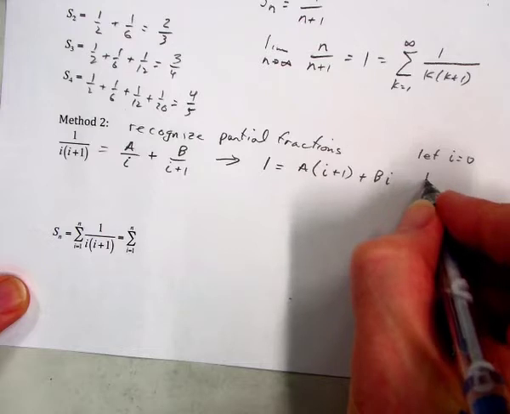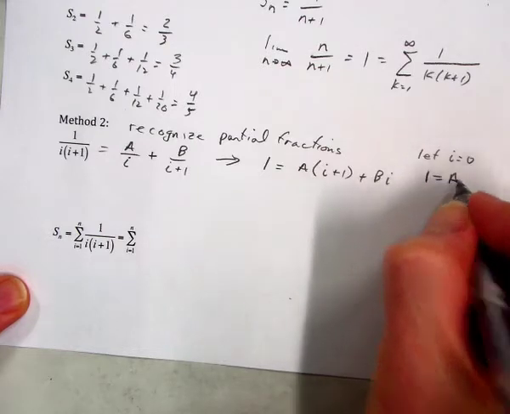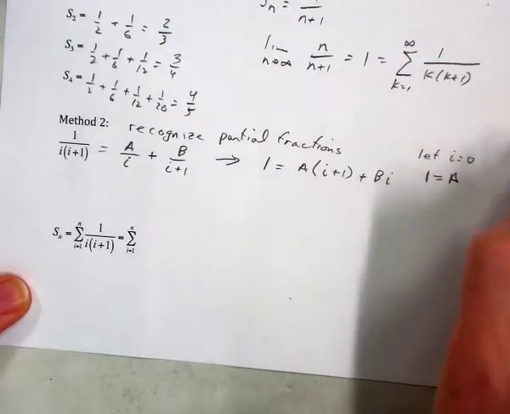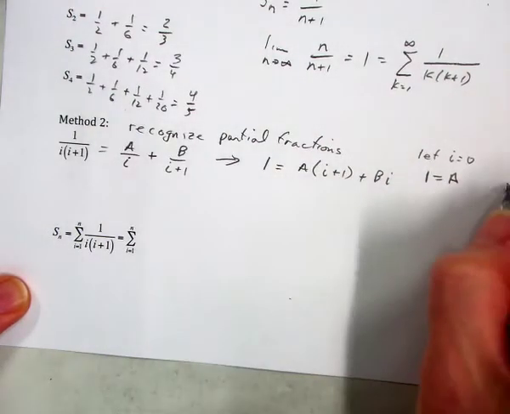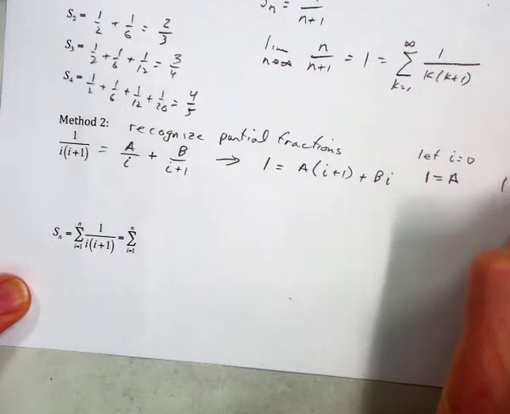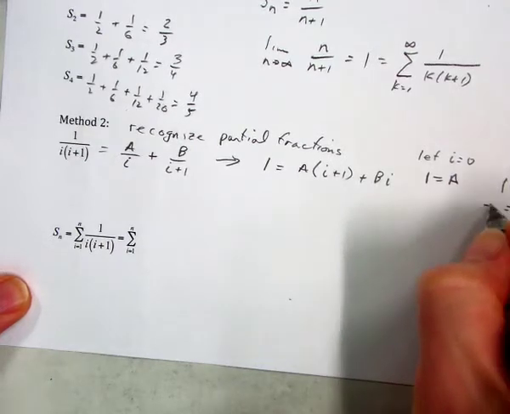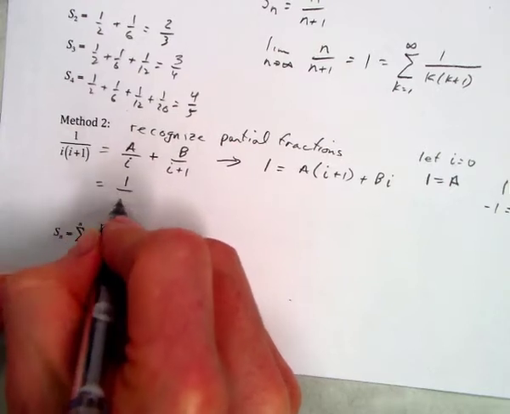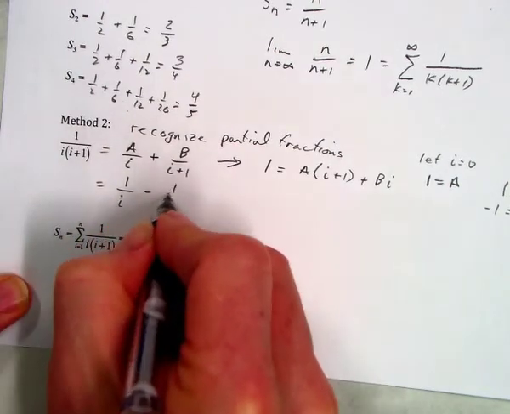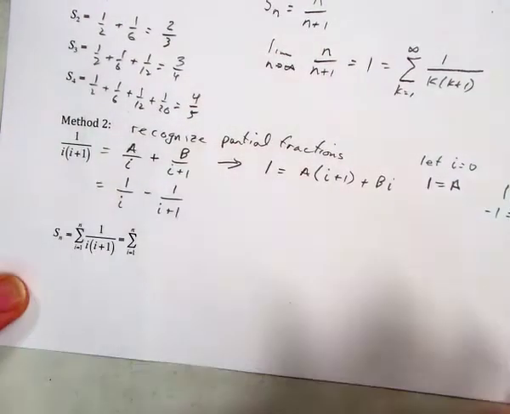So we'll get 1 equals a. And then if we say i equals negative 1, that's going to take out the a part, and we'll get 1 equals b times negative 1, or b equals negative 1. So this fraction will be 1 over i minus 1 over i plus 1.